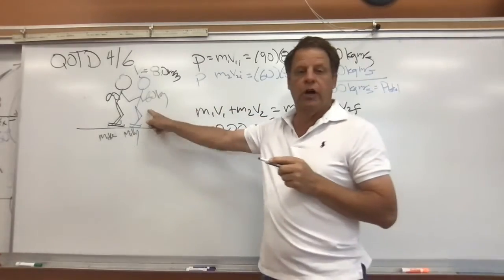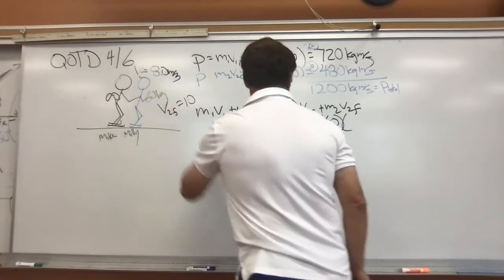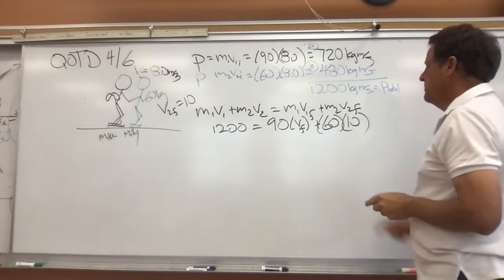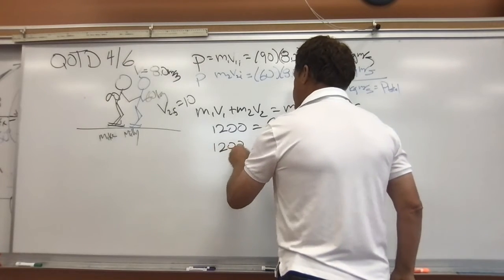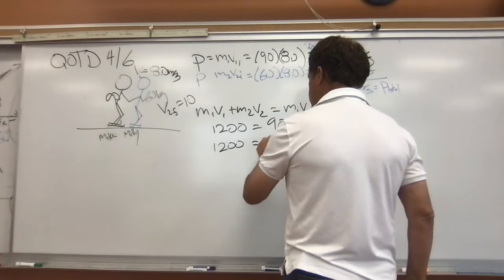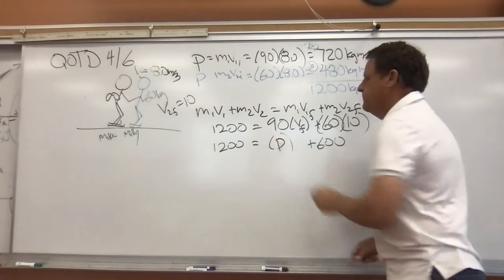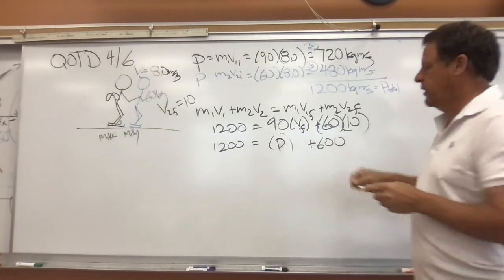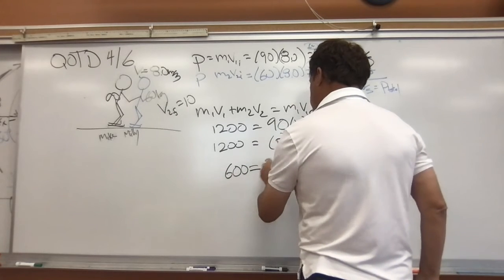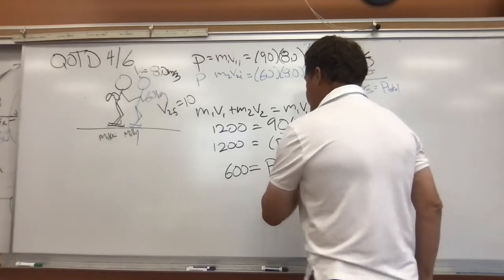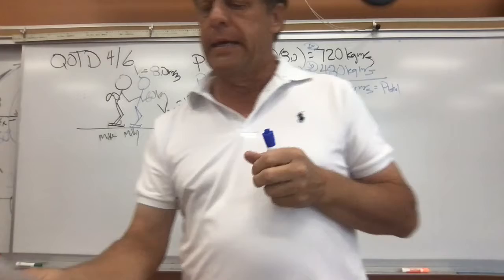After they push off, Millie's velocity, v2 final, is going to be 10. So we can see that this is 600 and this is 1,200. This becomes our unknown, which I suppose would be P. We're going to get 1,200 minus 600, which is 600, the final momentum for Mike.